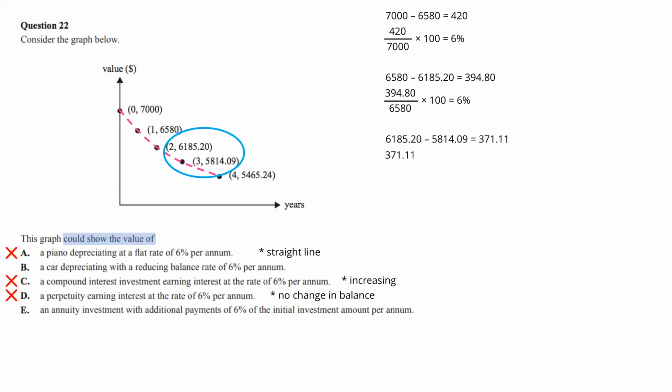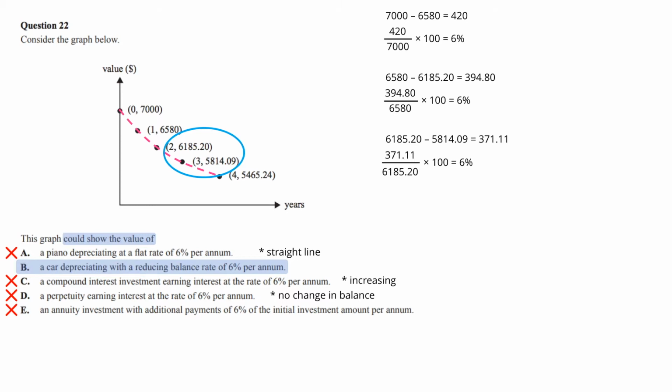And then we calculate the percentage in the third year, and we obtain the same percentage of 6%. So we can cross out option E, and the answer we are after is option B, a car depreciating with a reducing balance rate of 6% per annum.